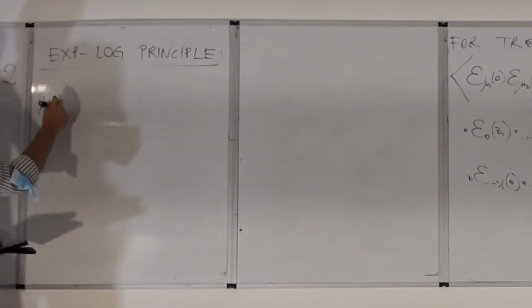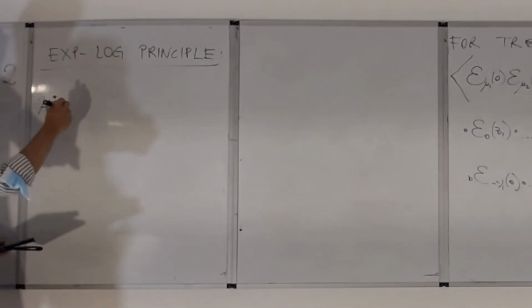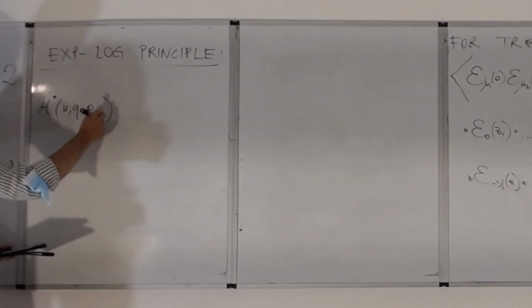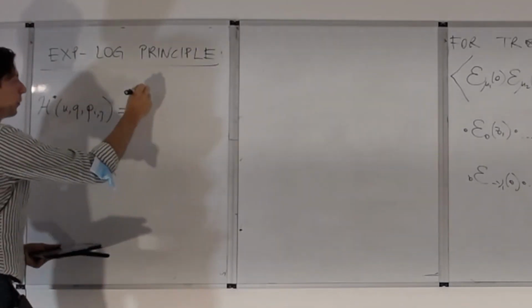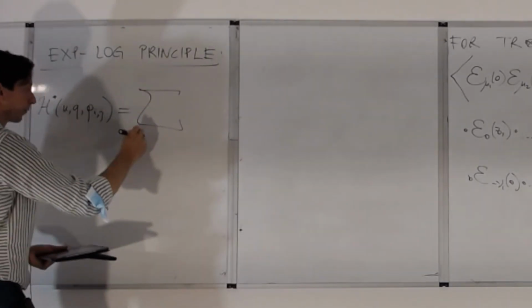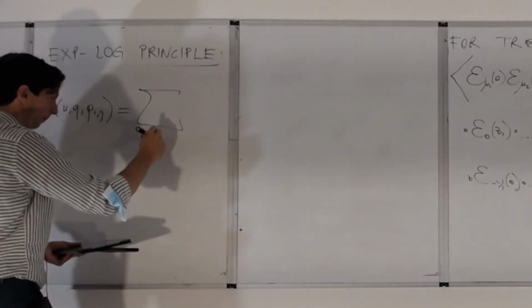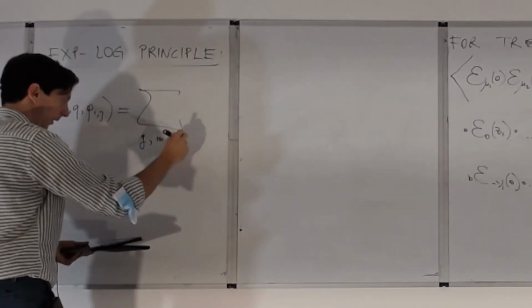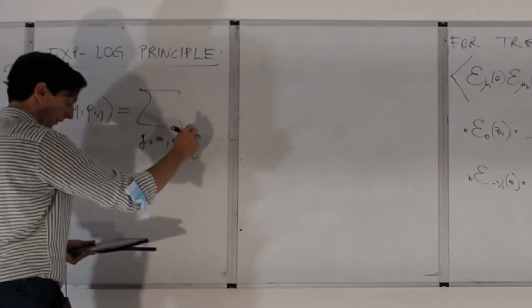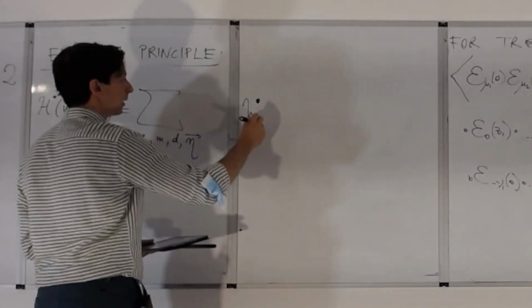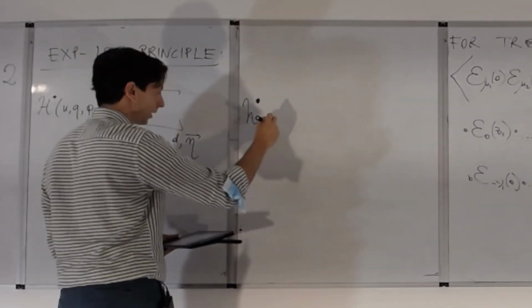So you want H that is a power series in u, and then in q, and then you have these p_i's. And you want to define this as a big sum over g, then you have m, then you have d, and then you have your etas. And here you have your Hurwitz numbers, with all the eta.